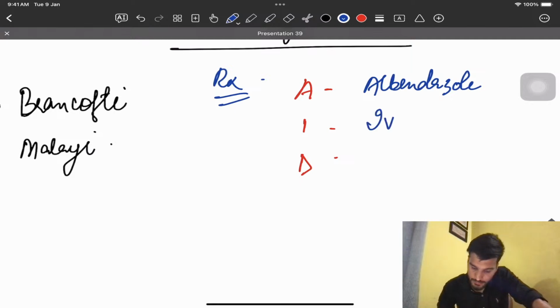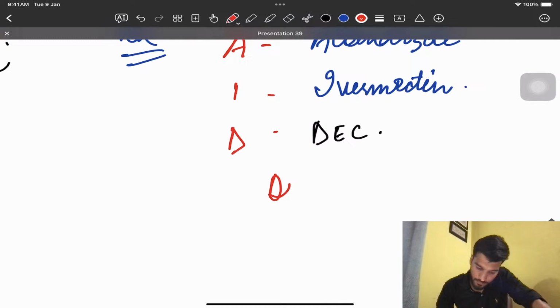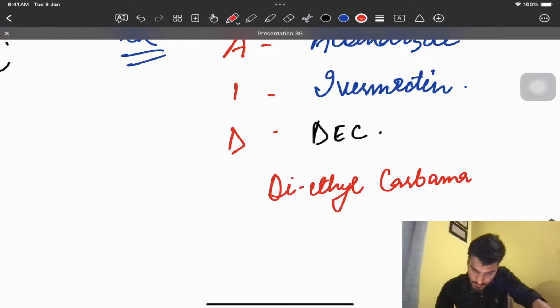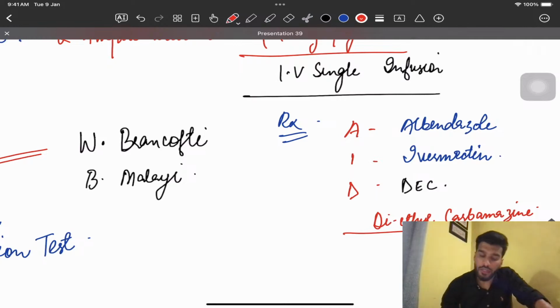Albendazole, ivermectin, and diethylcarbamazine. These are the 3 drugs that we use in treatment of the filariasis.